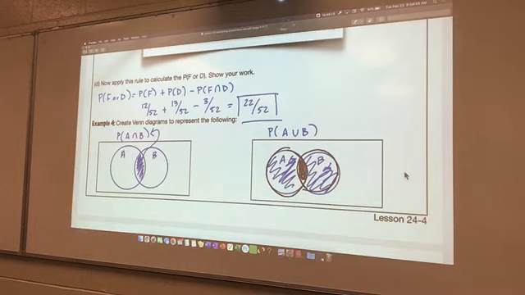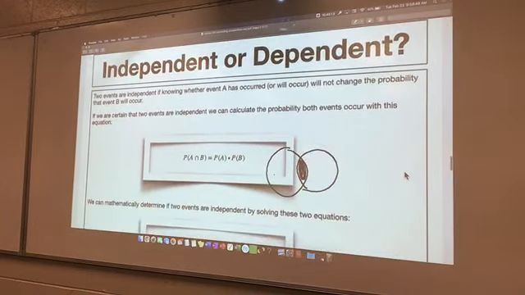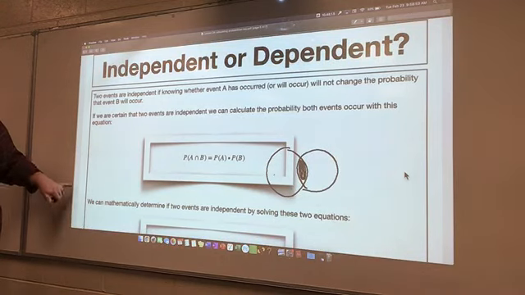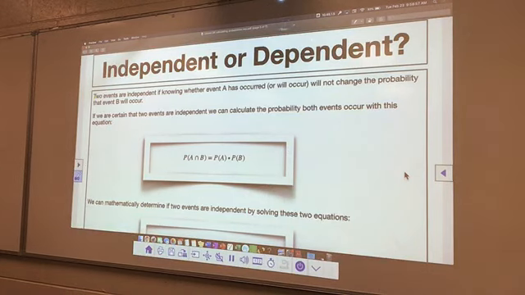All right? So independent or dependent? Even when you know that two events are independent, you will have to show it mathematically. Okay?